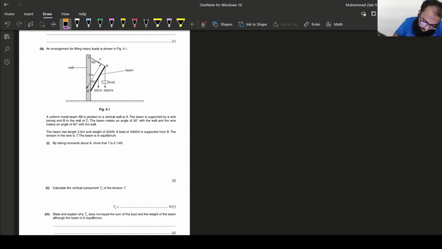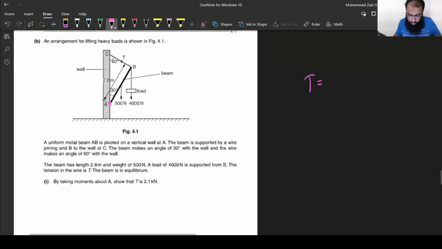This time, I don't need to resolve T into its components. The reason is that the torque isn't passing through the pivot, so that's why we don't need to balance it.